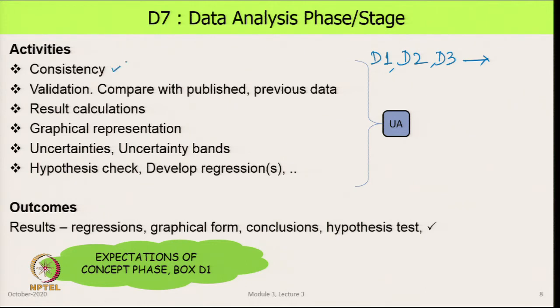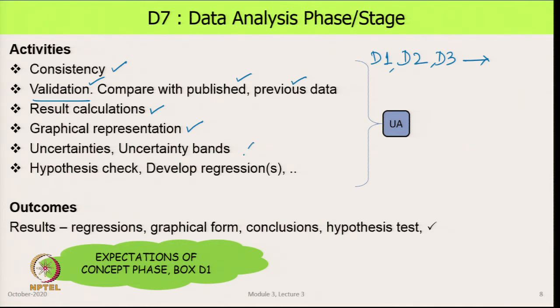We check for consistency, validation we have already checked, but we still do a check with the real data that we have got. We compare some of our data with published and previous data. Maybe that may also form a part of the report that you write. We do all the result calculations and make various plots. All types of graphs, comparison charts, all of that can be done.